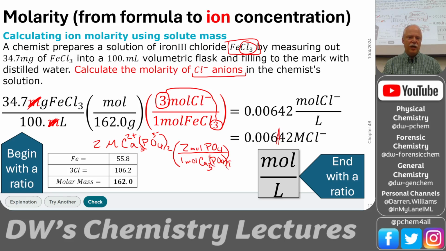So this 2 right here, when that phosphate comes off, it gives us a 2 there. So this would be a 4 molar solution of PO4 3 minus.